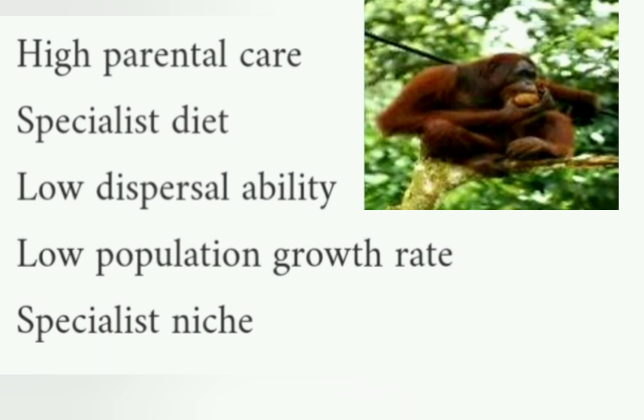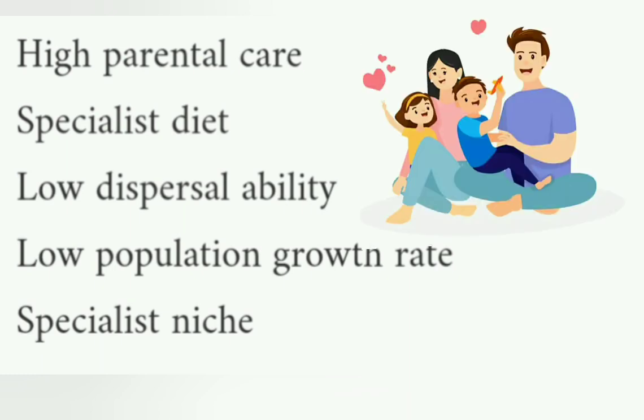Next, you see they have high specialization for diet, low dispersal ability, low population growth rate, and very, very specific niche. They don't occur anywhere and everywhere. So specialist niches are definitely there for K-selected species.